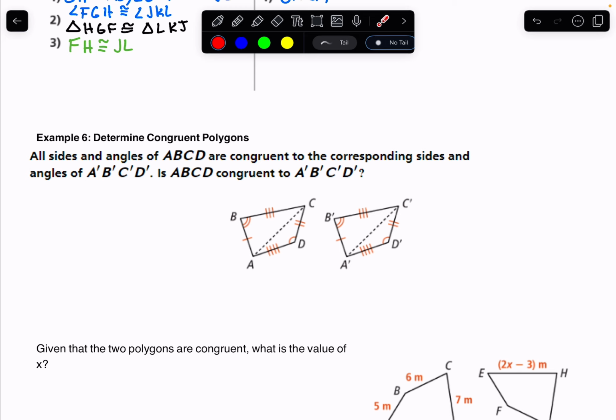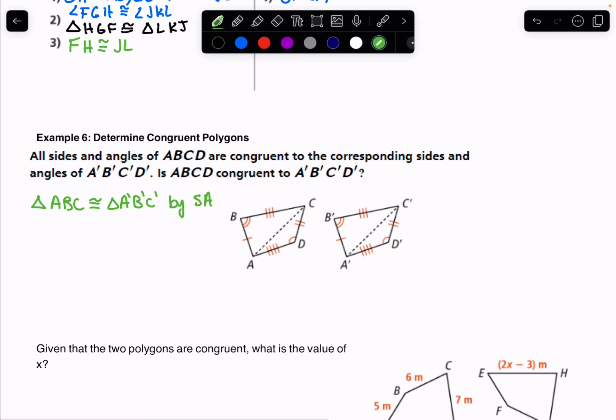So when you look at these, obviously you can see that there is a dotted line in them that divides them into two triangles. And when I look at triangle ABC, it has a side, an angle, and a side that are congruent to triangle A prime, B prime, C prime. So I can say for sure that triangle ABC is congruent to triangle A prime, B prime, C prime by side, angle, side.